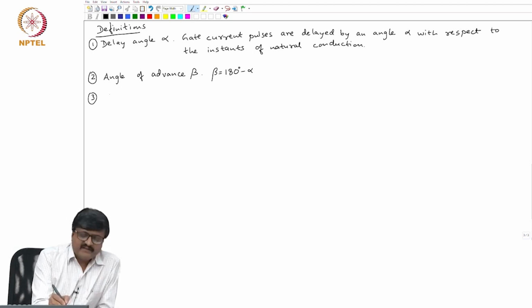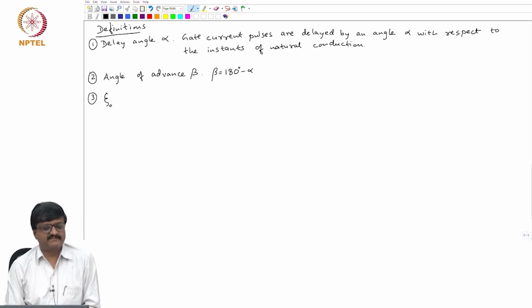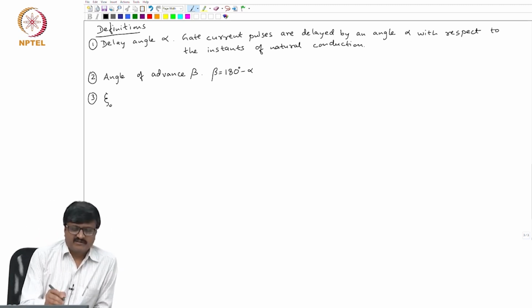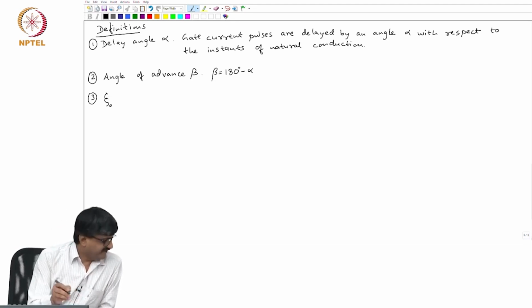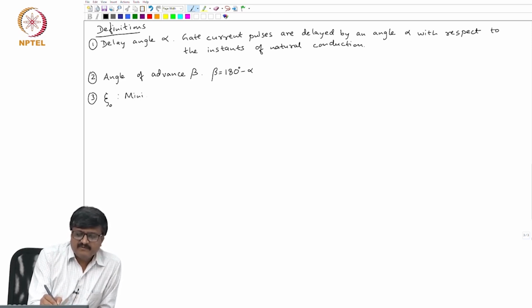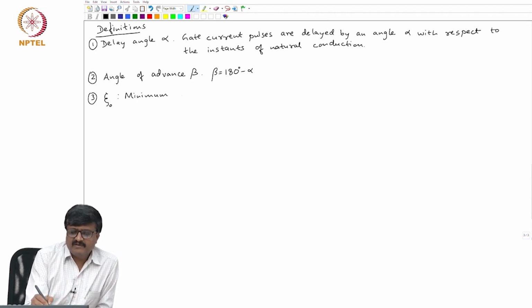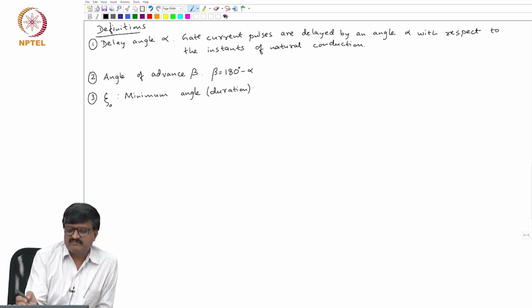Then there is a quantity. I will give the notation first. This is a Greek letter psi with a subscript O, psi naught. There is no name for this, it is just a notation, but it is defined as the minimum angle. One can look at it as minimum duration also, if the independent variable is time.